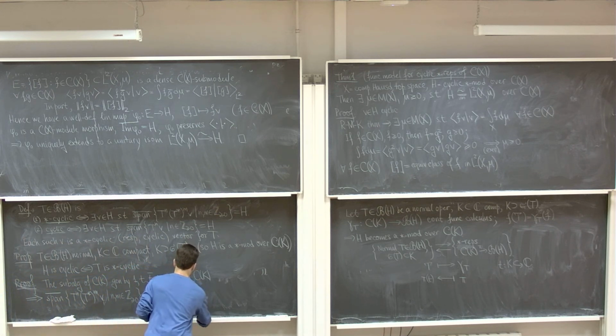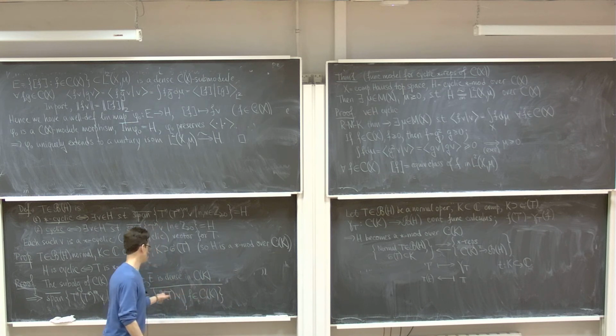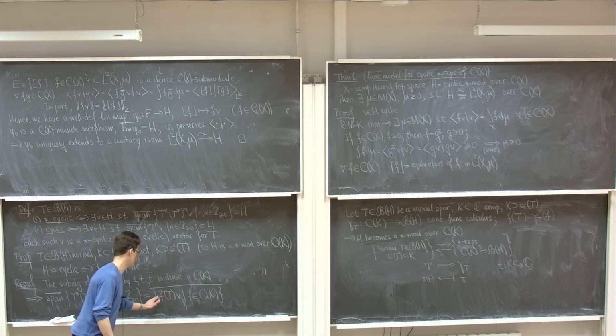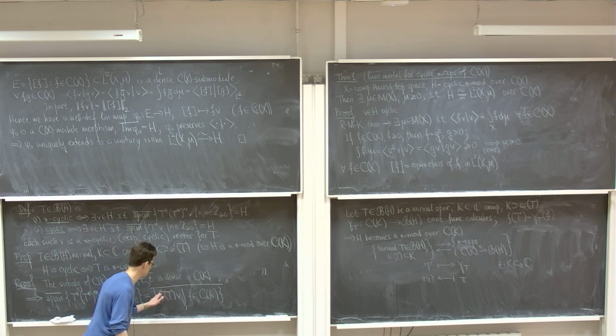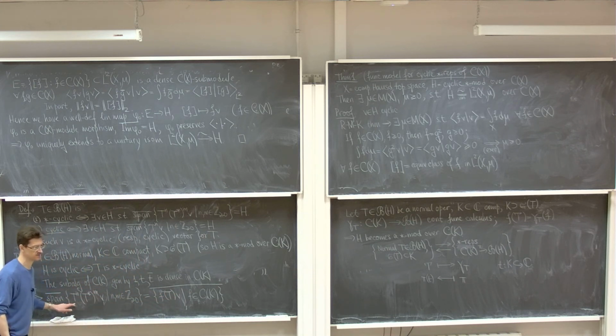So we see that this subspace is nothing but the cyclic submodule generated by V. This follows from the density of this subalgebra in C of K. So in other words, each continuous function f can be uniformly approximated by polynomials in T and T bar. And so each vector of this form can be approximated by linear combinations of vectors of this form.